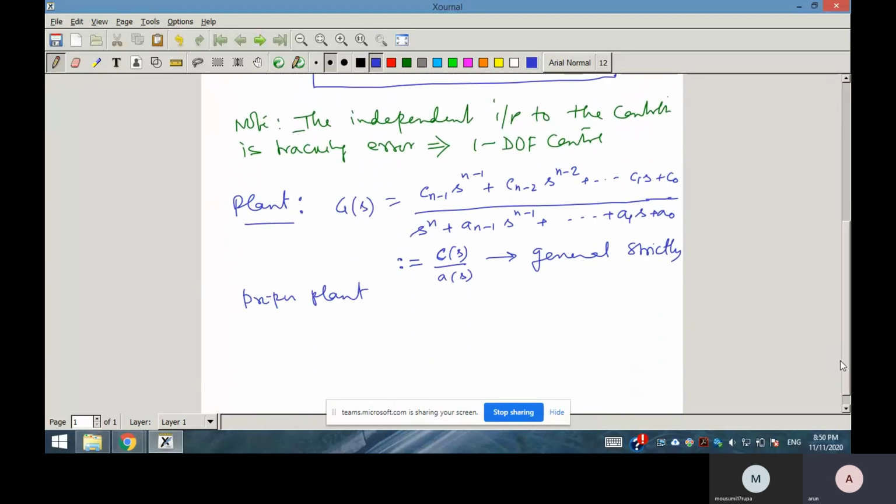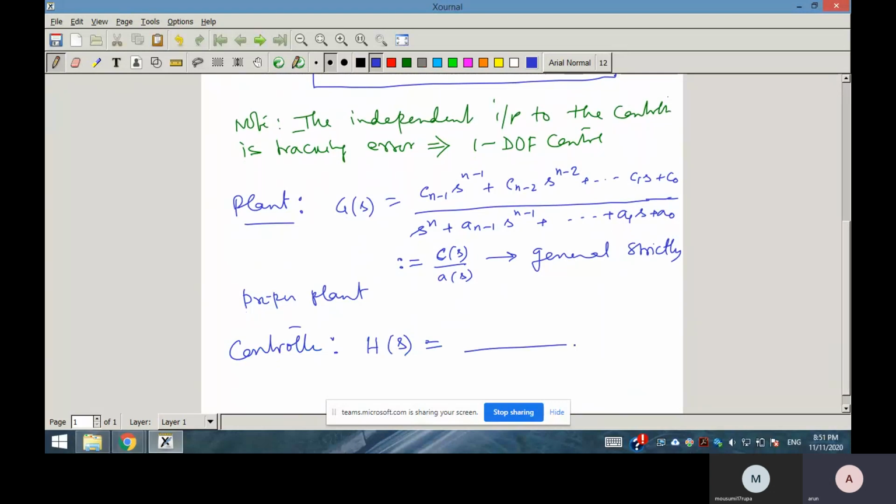So now, what is your controller? This is my controller. Sorry, I have considered the controller transfer function as H(s).